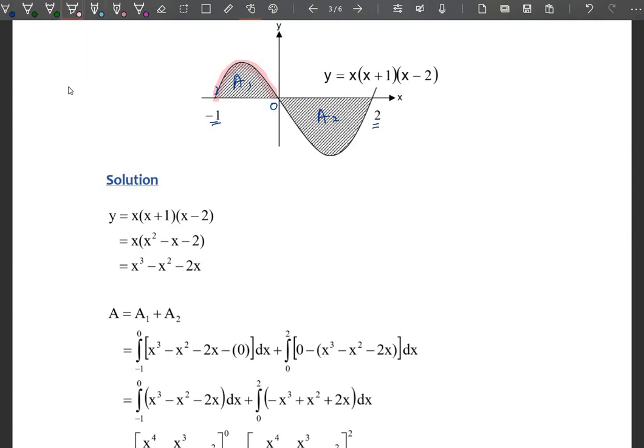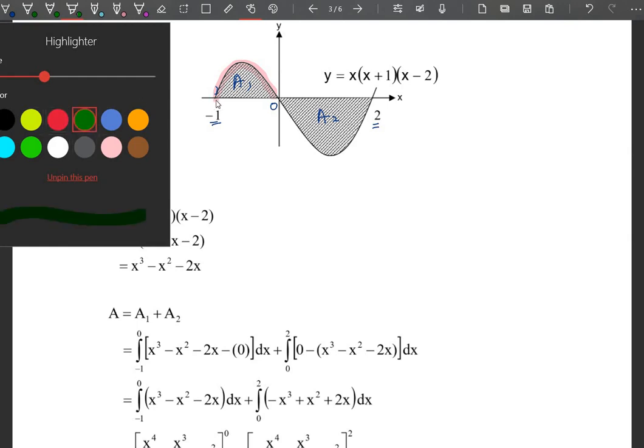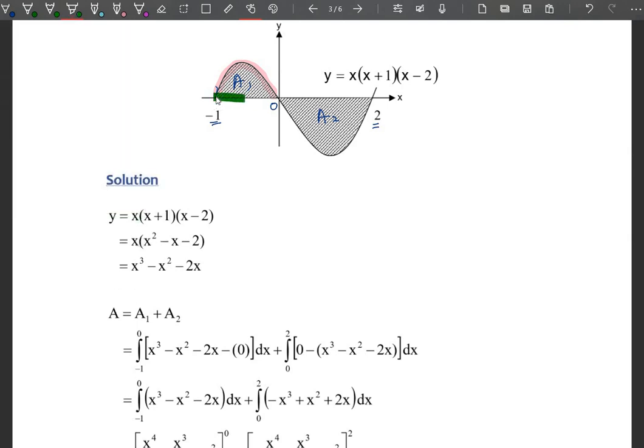And for the bottom, the function at the bottom would be this one, the x-axis, which is the same as y equal to 0. That's why here it is minus 0. This one we will integrate from -1 to 0 here, that means the curve minus the axis. The axis is y equal to 0.